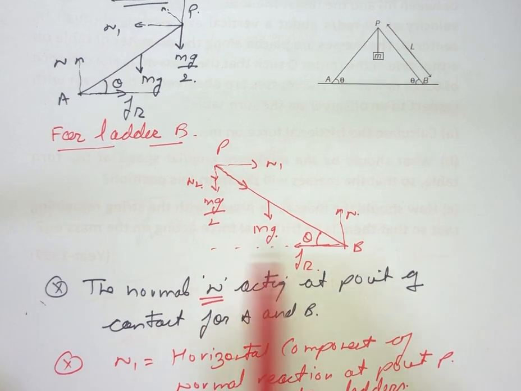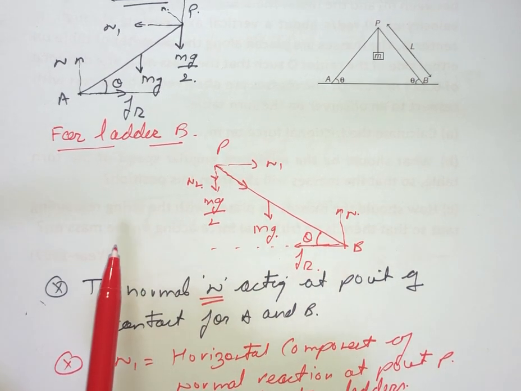You already know it will be towards away from B as well as away from A.